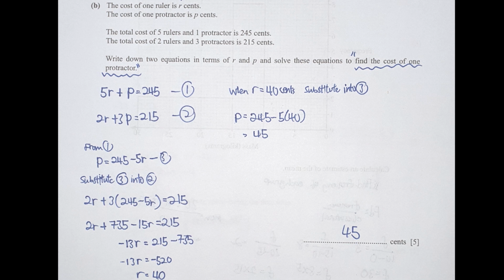Then substitute it into the second equation. After the manual calculation, you should get the ruler's cost as 40 cents. As for the protractor, it's actually 245 minus 5 times 40, which is 45 cents for the protractor.